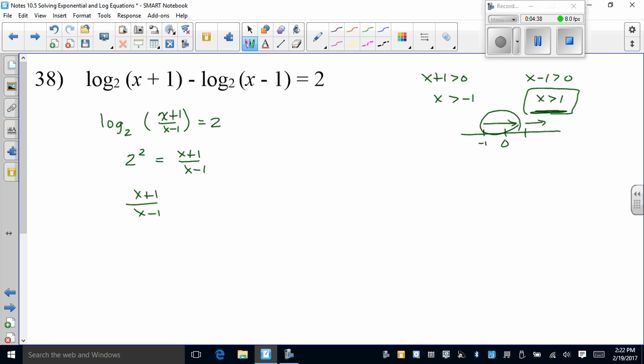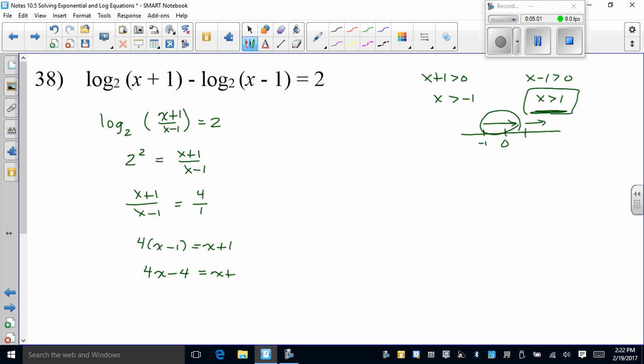I'm going to cross multiply. So I get 4 times x minus 1 equals x plus 1. Distribute: 4x minus 4 equals x plus 1. I'm going to move the x's this side, my whole number to that side.